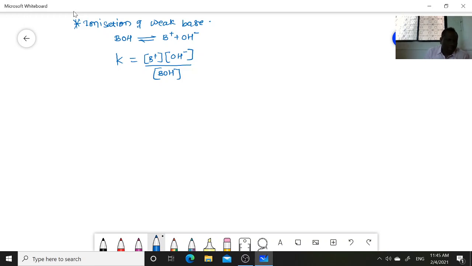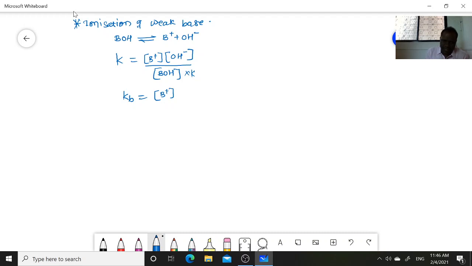Again, if it dissociates into water, there will be another constant, and that will be equal to Kb.